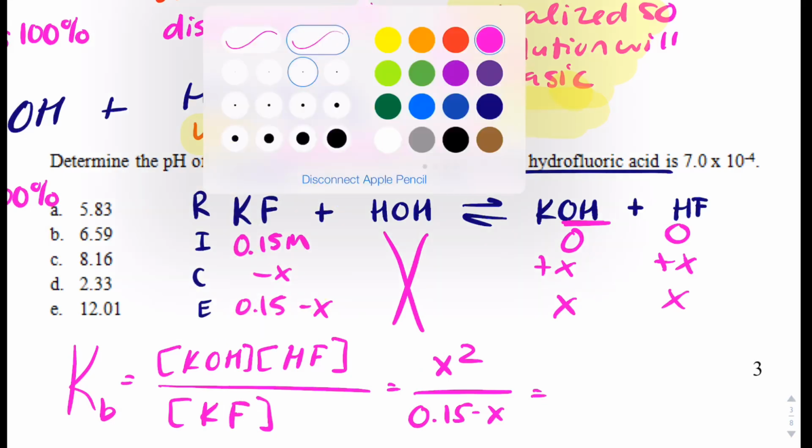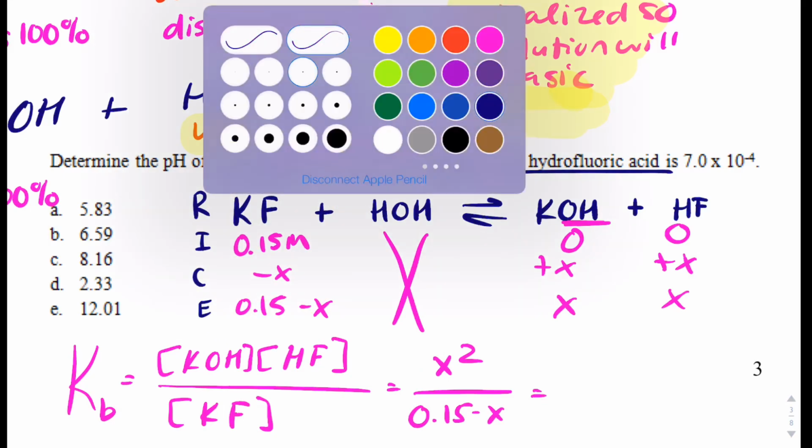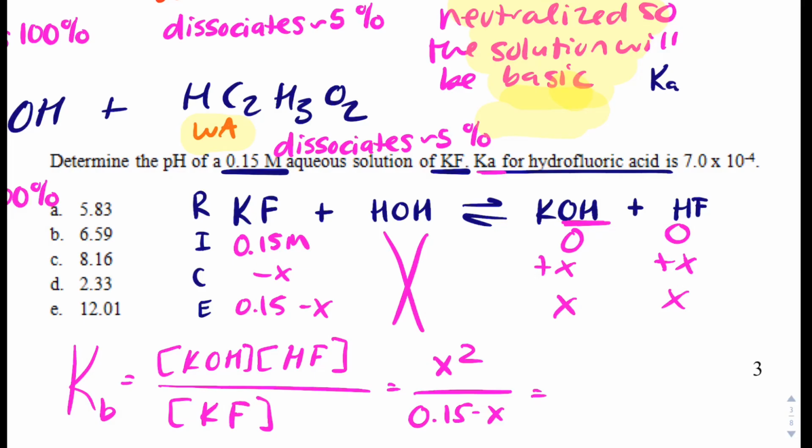That's just where I'll be most successful. So what I've got to say is Ka times Kb equals Kw. So my Ka here is 7 times 10 to the minus 4. Kb, that equals 1 times 10 to the minus 14. My math will be 1 times 10 to the minus 14 divided by 7 times 10 to the minus 4.